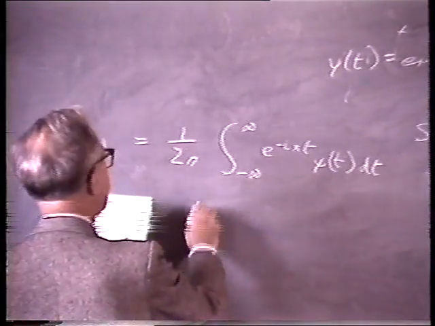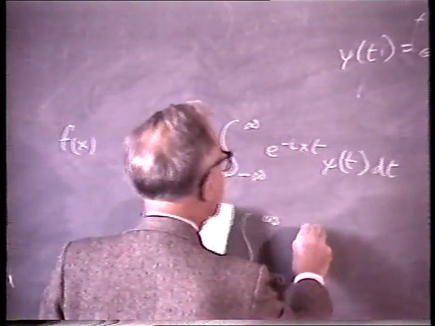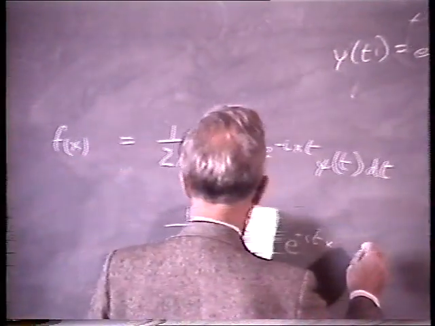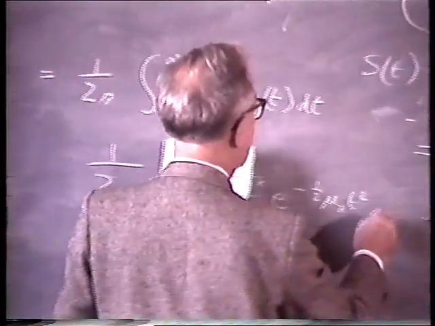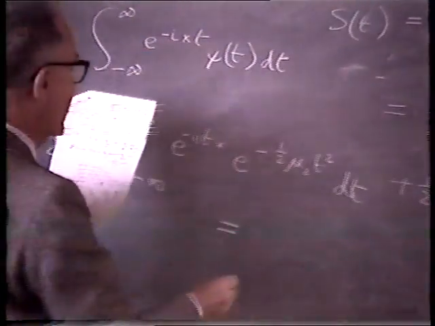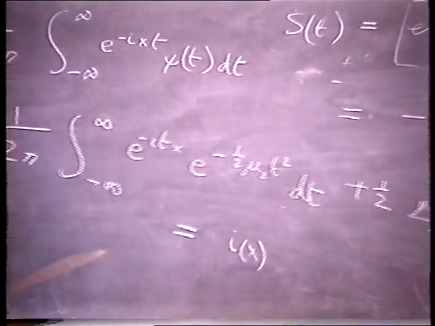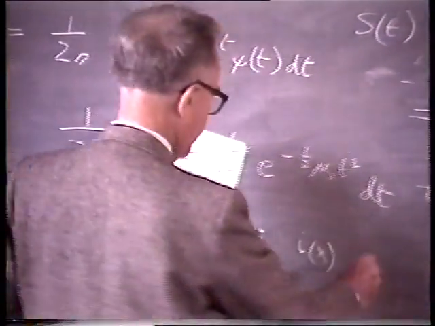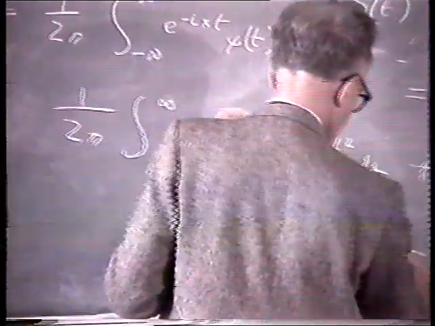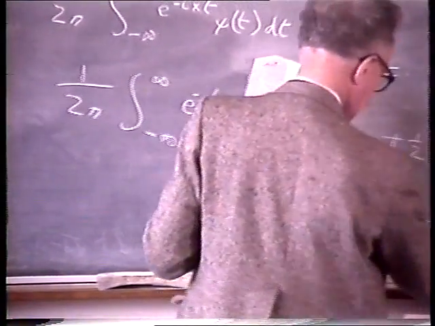In other words, 1 upon 2 pi integral from minus infinity to infinity of e to the minus i t x, e to the minus half mu 2 t squared dt is just equal to, well, I have perhaps the slightly awkward notation I, little i of x, given that I've got rather a number of alternative i's around. But that is just the usual 1 upon the square root of 2 pi e to the minus x squared upon 2, the usual normal density.